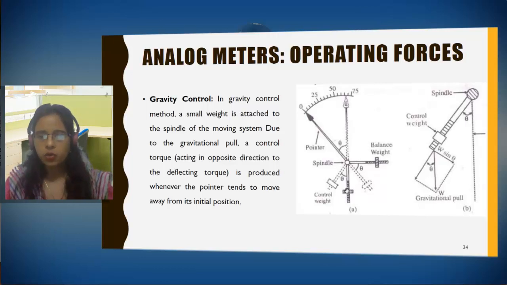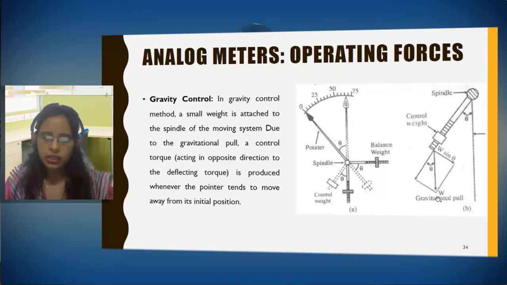But once the pointer is going here, the weight connected to it will try to bring it back to the normal position. One force will act which will try to bring it to the central position, and another force is taking it away, the force which is giving the deflection.